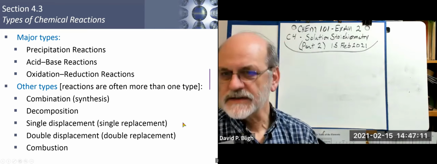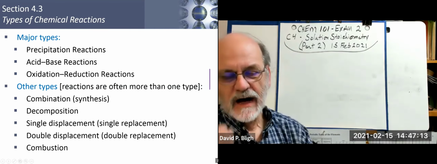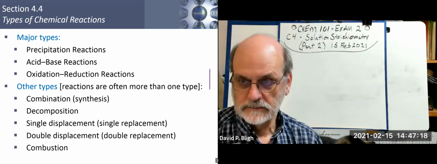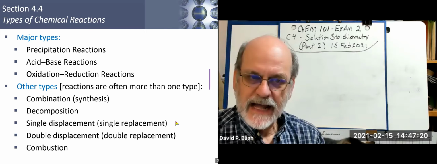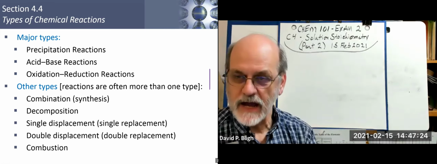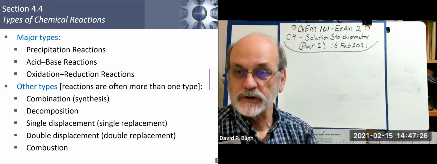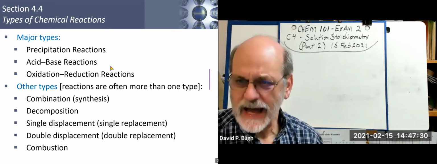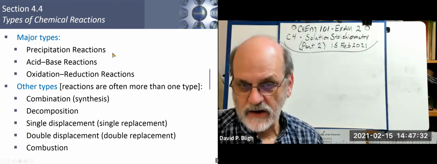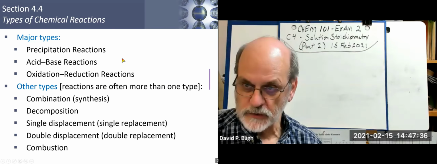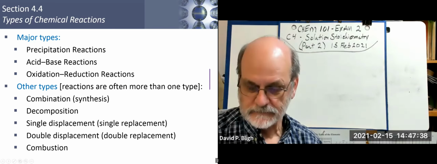All right, types of reactions. Reactions are classified based on what they do. And many of the classifications overlap. In other words, you can have a reaction that's multiple types. Major types, precipitation reaction, right? Those reactions in which a solid is produced as a product.